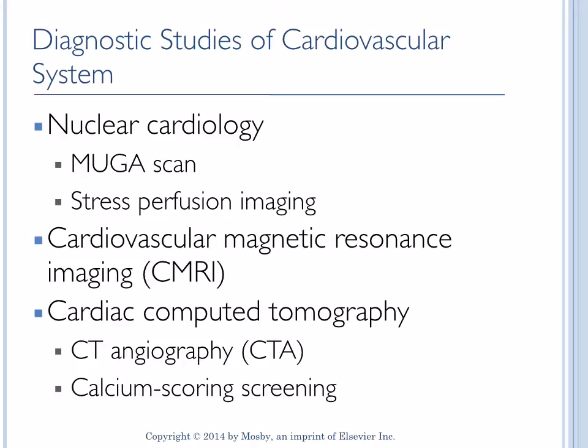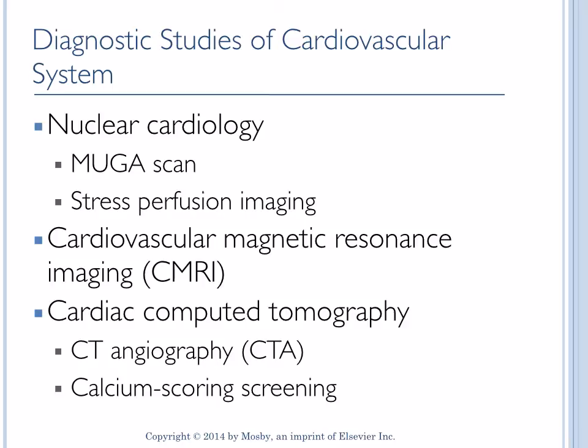There is something called nuclear cardiology, and then there is something called cardiovascular MRI, and there is something called cardiac computed tomography. Now, nuclear cardiology. One of the most common nuclear imaging tests is the multi-gated acquisition or cardiac blood pool scan.